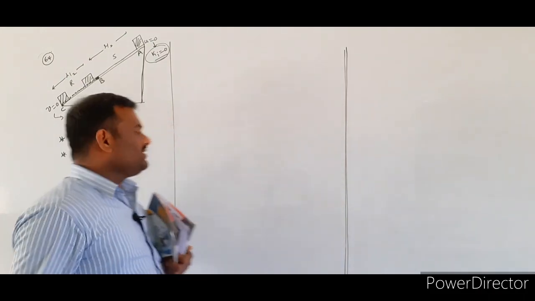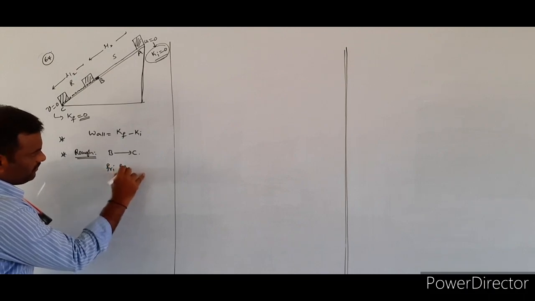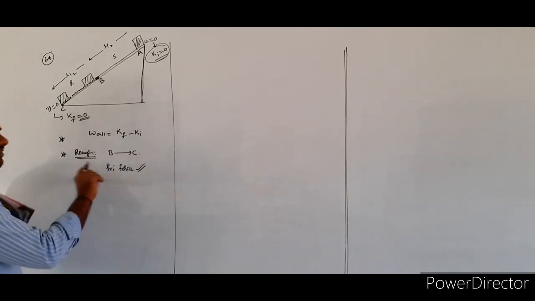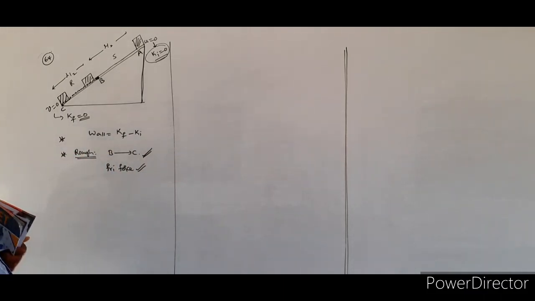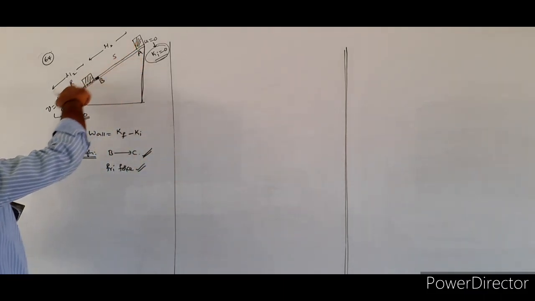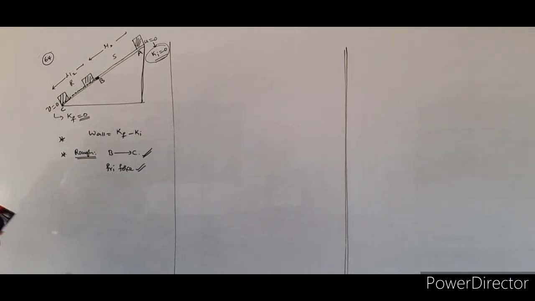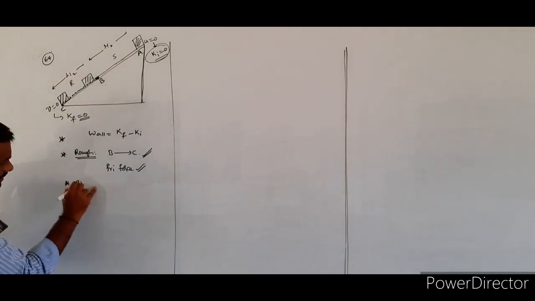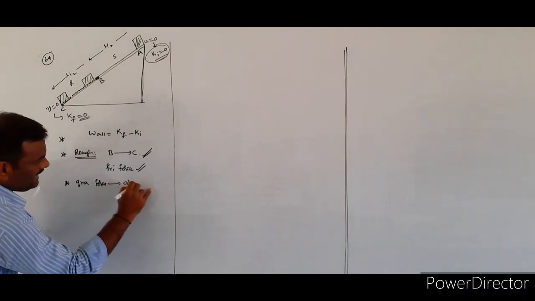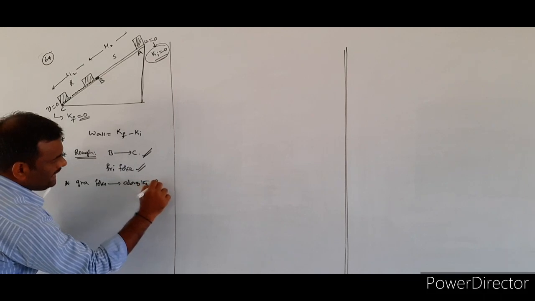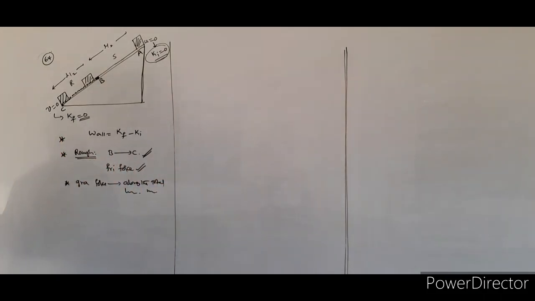Frictional force will exist from B to C. But the gravitational force will exist along the inclined plane. That point we have to understand. Gravitational force will exist along the total length of the inclined plane.